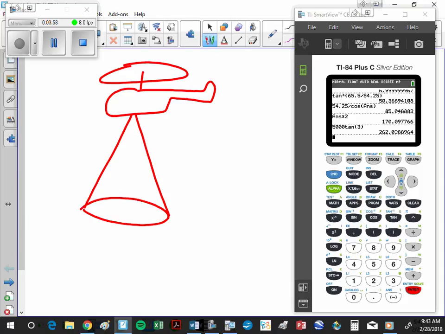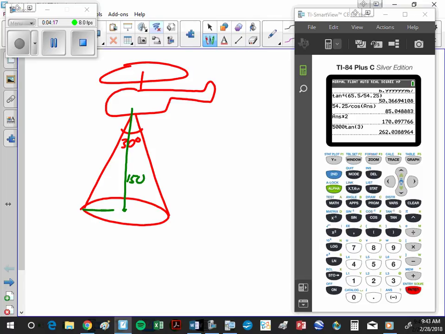And this angle right here is 30 degrees. And we want to know if the helicopter is 150 feet above sea level. So from here to here is 150. What is the diameter of the circle?